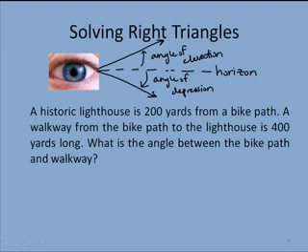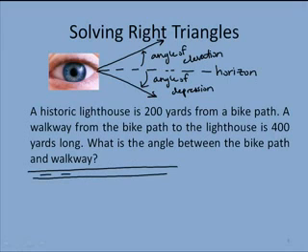So let's look at an example that applies our trig functions. It says a historic lighthouse is 200 yards from a bike path. So let's make a little bike path here. Here's our lighthouse. So this distance is 200 yards. Okay. A walkway from the bike path to the lighthouse is 400 yards long.